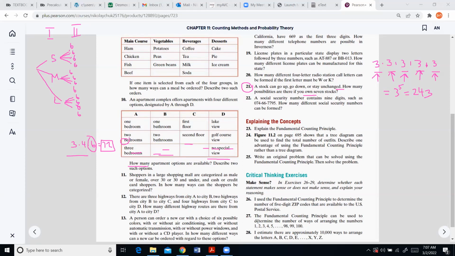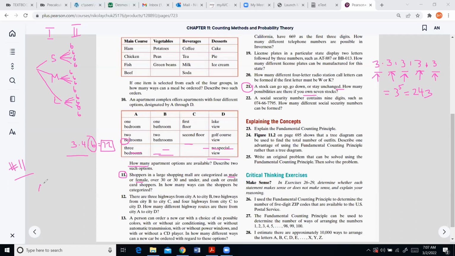Another question was for exercise number 11. So let's check out what's going on with this one. That says shoppers in a shopping mall are categorized as male or female. So we have two genders here, and they are over 30 or 30 and under.